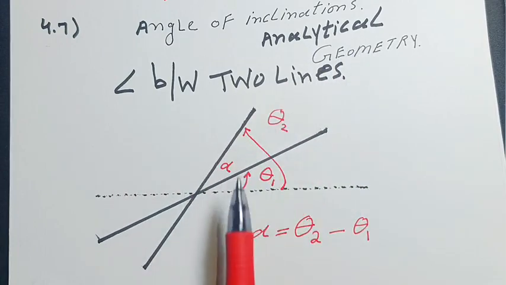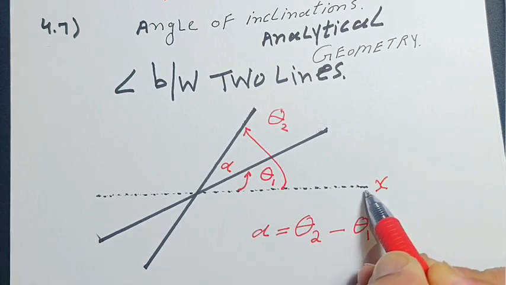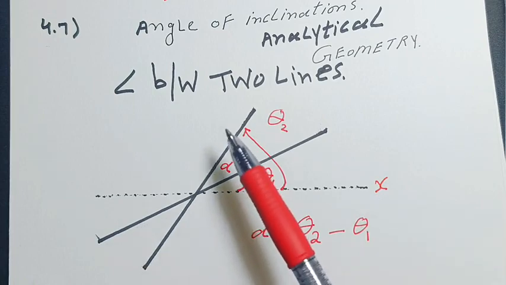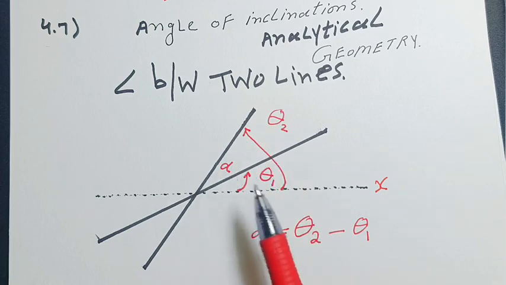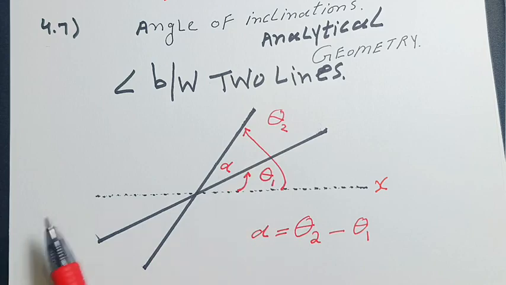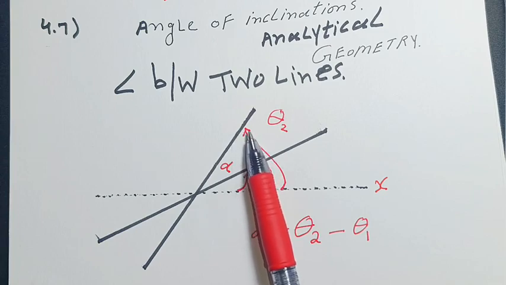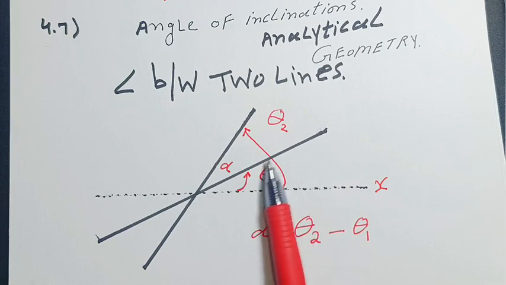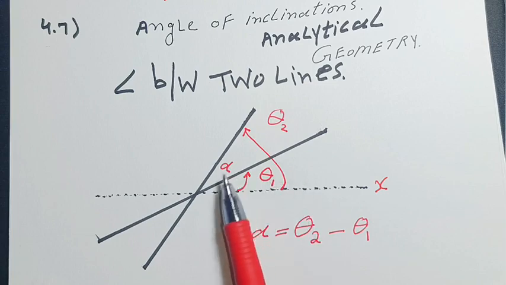Angle between two lines. So this is your x-axis, and say these are now two lines, and the angle between two lines is alpha. So the main angle of inclination is theta 2, and then we have this line theta 1, and we have to find the alpha.